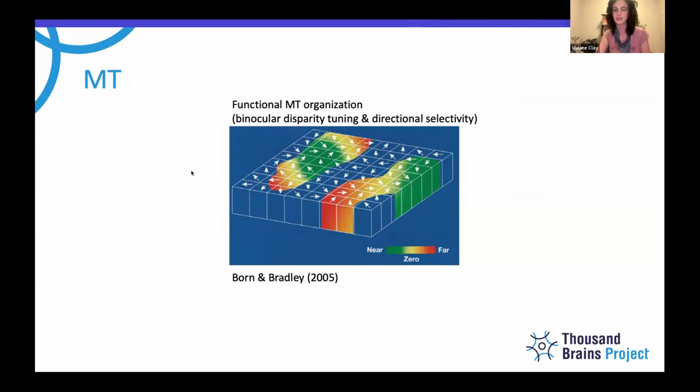It's hard to find a paper that would actually detect that it's modeling an object behavior. I can only find some general things like orientation tuning, binocular disparity tuning, and directional selectivity. And they say it's quite complex.